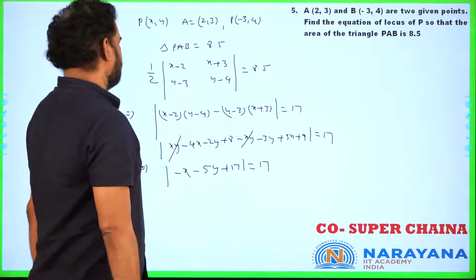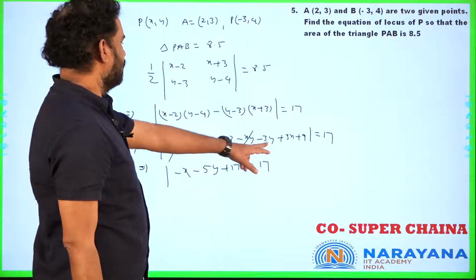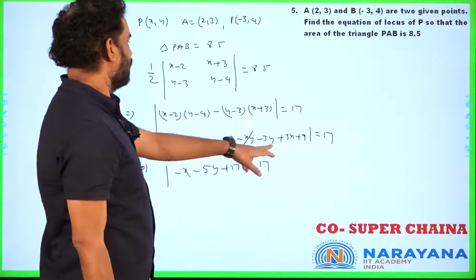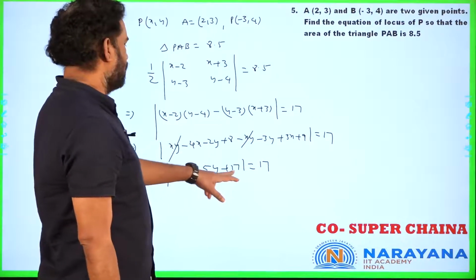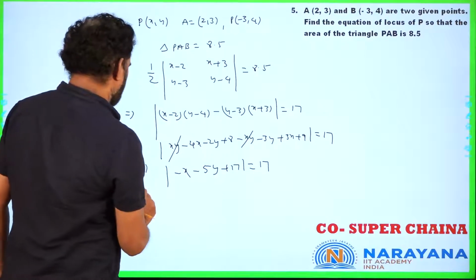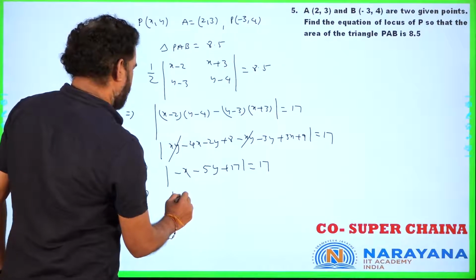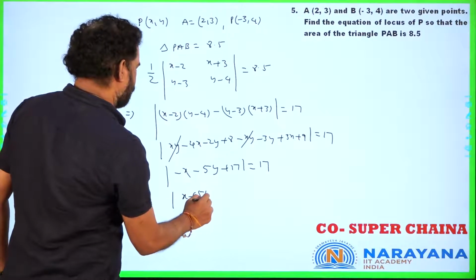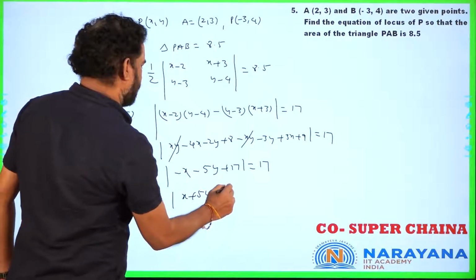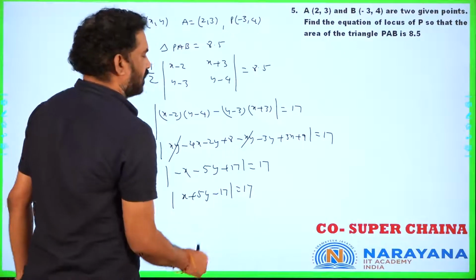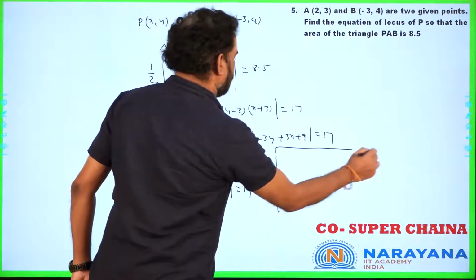Equals 17. Minus 4x plus 3x is minus x, minus 2y minus 3y is minus 5y. So now we have to remove the modulus. It is actually mod of (x + 5y - 17) equals 17.